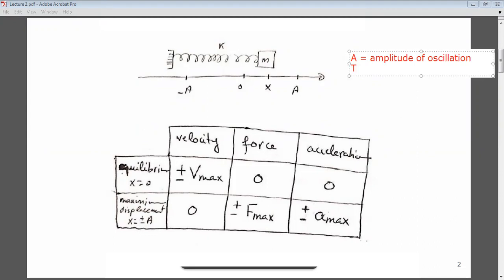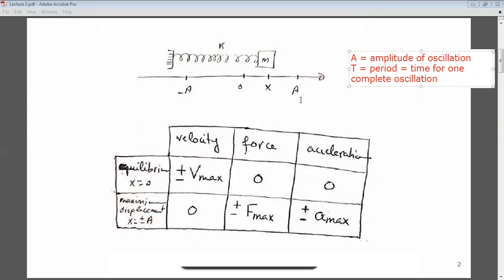And it takes one T, which is the period. It's the time for one complete oscillation. So if it starts, for example, at this position X, it's the time it takes to go to A, back to X, to 0, to minus A, to 0, to X. Okay, so this is one period.